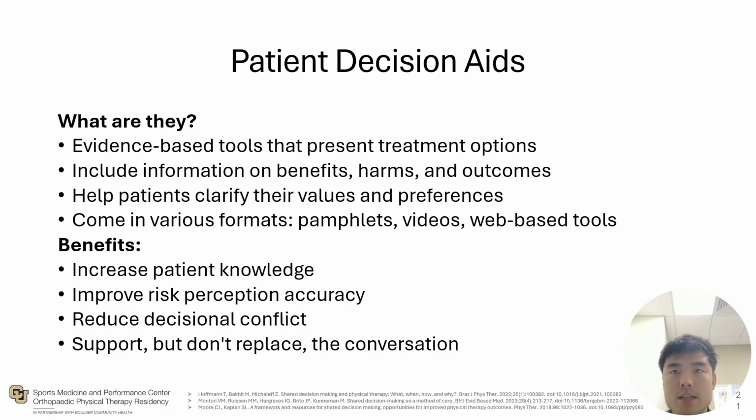And again, they can draw out patients' values and get them thinking about what really matters most to them. But they also provide the unbiased, evidence-based information that helps guide their education without pushing them towards one decision over any other.